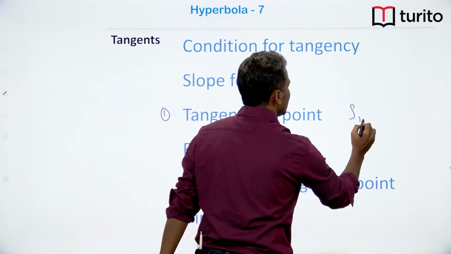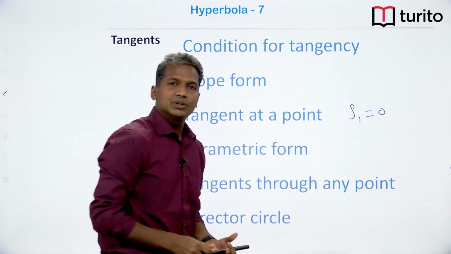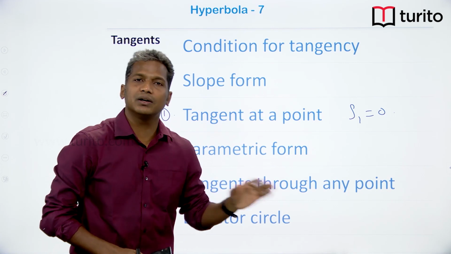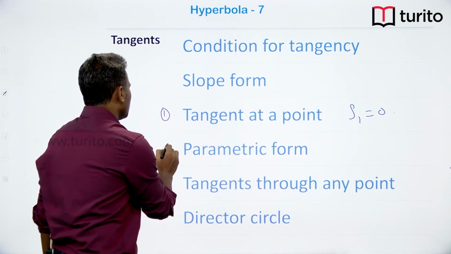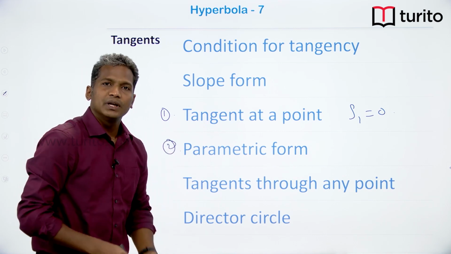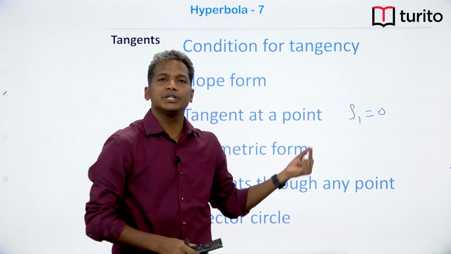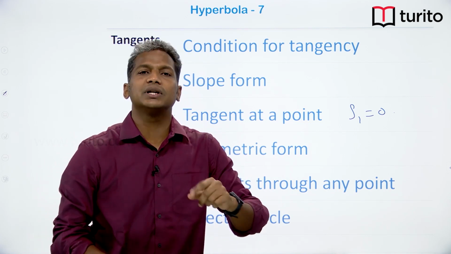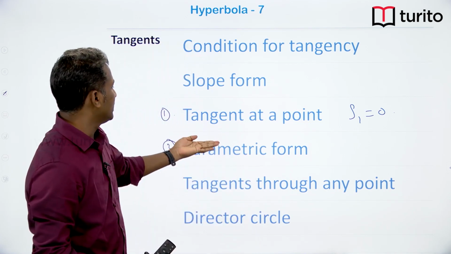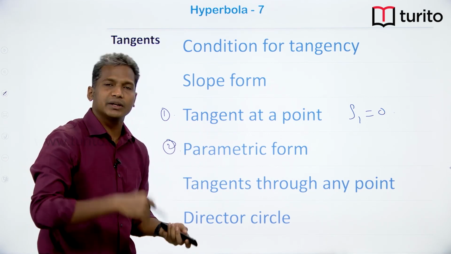By writing S1 equal to 0. So this has been the case with every curve, so we can take that as the standard form. Now what about the parametric form? In this S1 equal to 0, if we substitute the parametric coordinates of the point for x1 and y1, we will get the equation of tangent in parametric form.